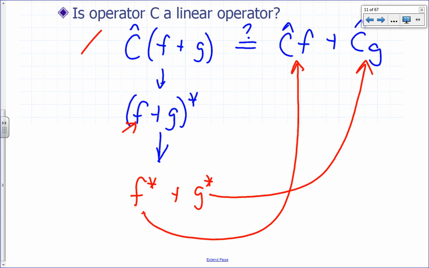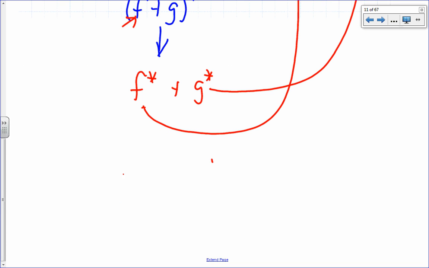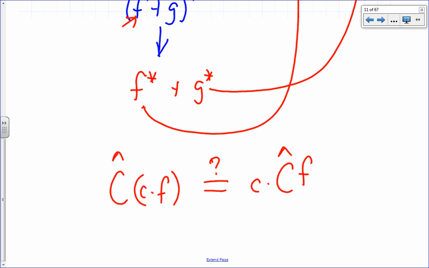So if it's not a linear operator, it must be the second condition that's not satisfied. So let's take a look at the second condition: C hat operating on a constant c times function f. The second condition that must be satisfied is that you should be able to pull out that constant, so it should equal c times C hat operating on f. So let's do that.